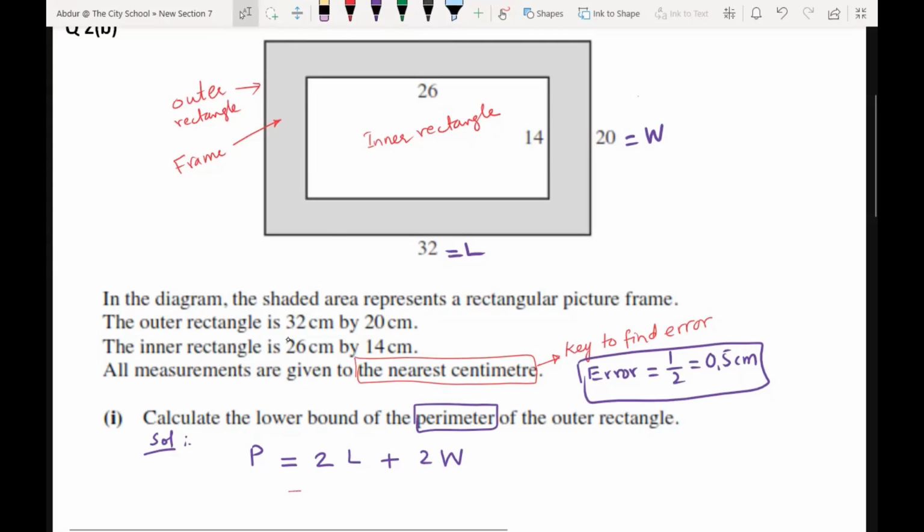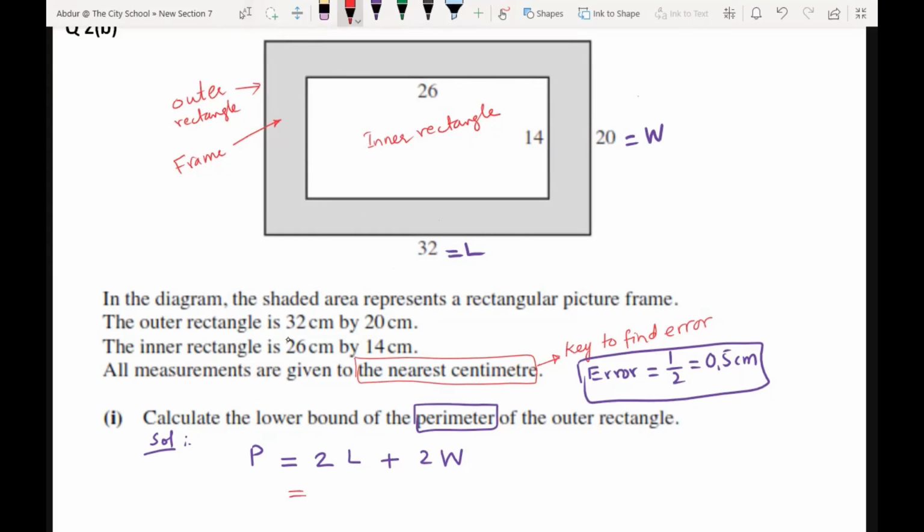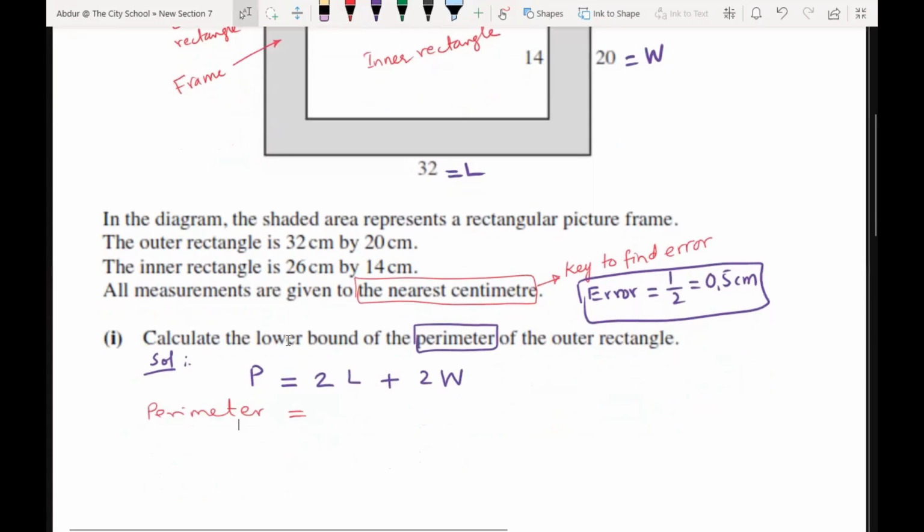Recall the indirect approach for additions in lesson number 2, which I have uploaded, for upper bound, lower bound.